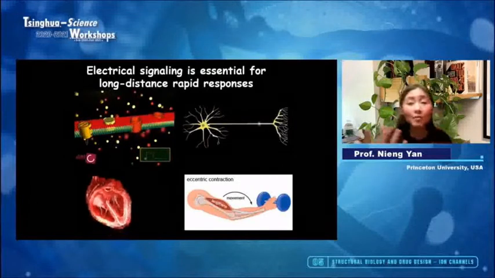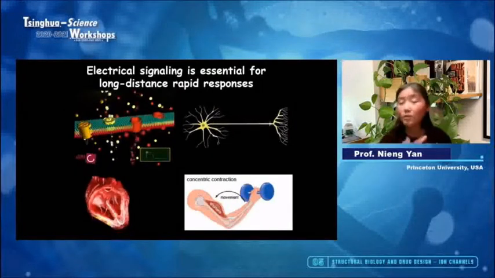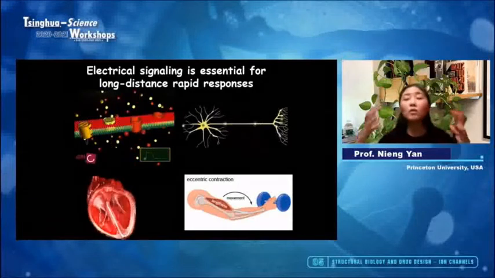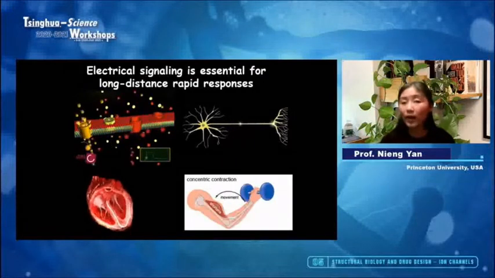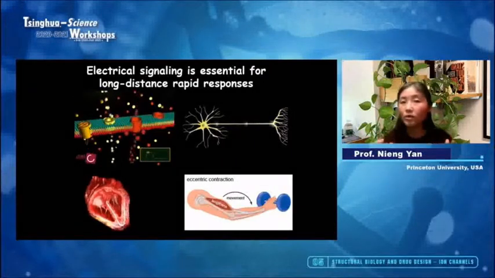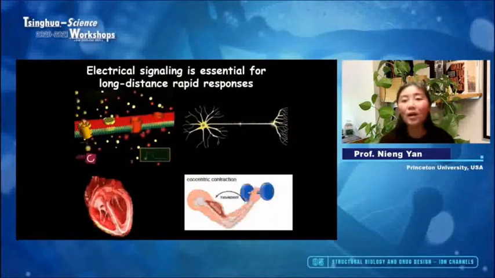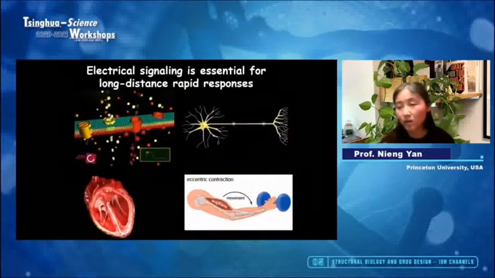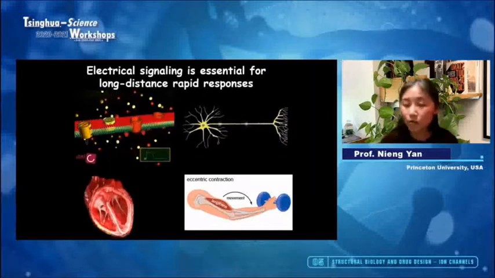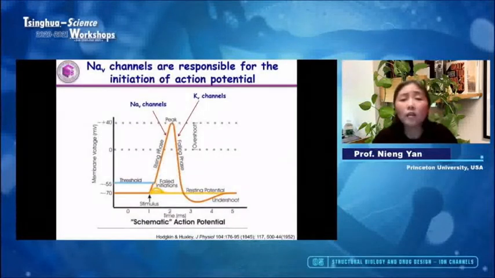Like you can hear me, I can present. Each heartbeat, each motion, all these physiological processes rely on the very sophisticated process of initiation and propagation of electric signals. Shown here is a highly simplified diagram of the action potential.